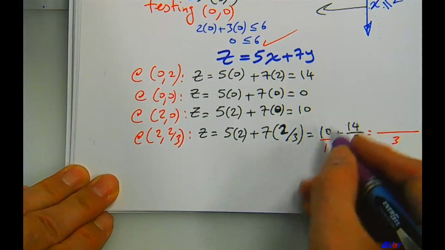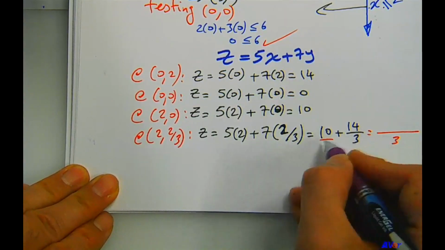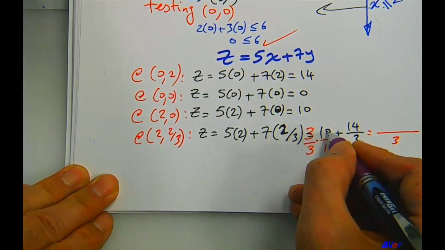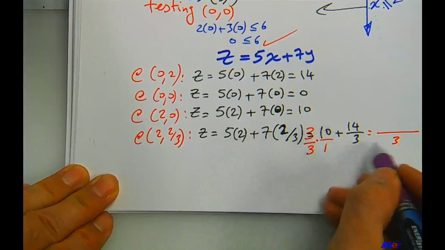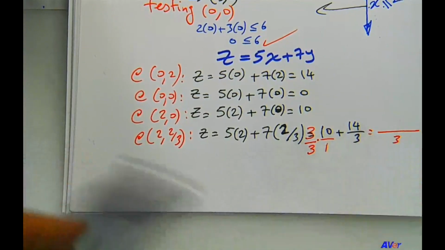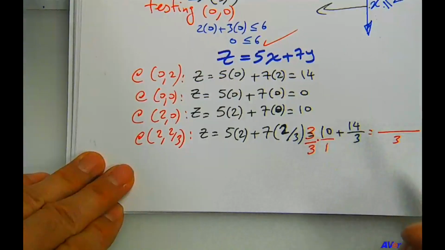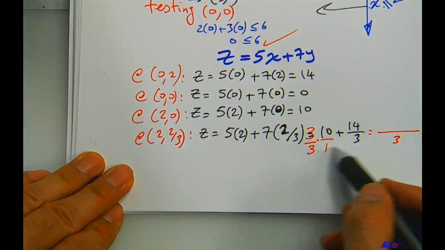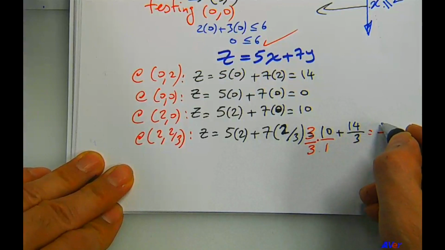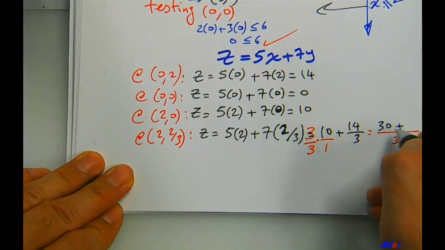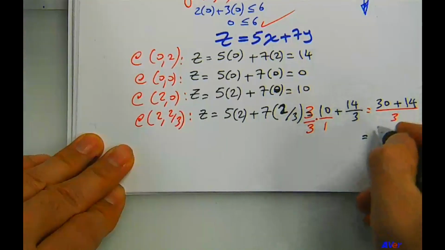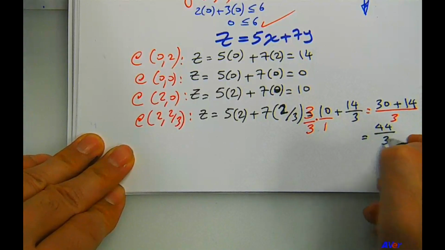But 10 over 1, we need to get this denominator to be 3, so we should multiply this by 3 over 3, the numerator and the denominator, just to get this 10 to have a denominator equal to the common denominator. So that way we can add the numerators, right? If the denominators are common, we can easily add the numerators. So 3 times 10 is 30, plus 14, and we get 44 over 3.